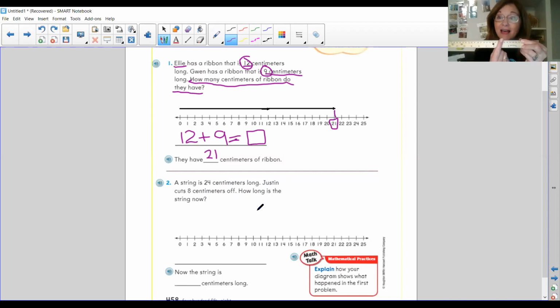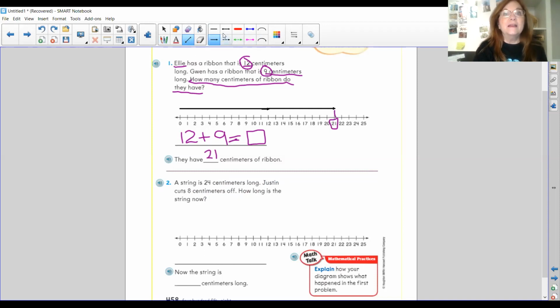Yes, you will have less. You will have 8 centimeters less. So we are going to start with a line that is 24 centimeters long. So our first line is going to be drawn to right there.